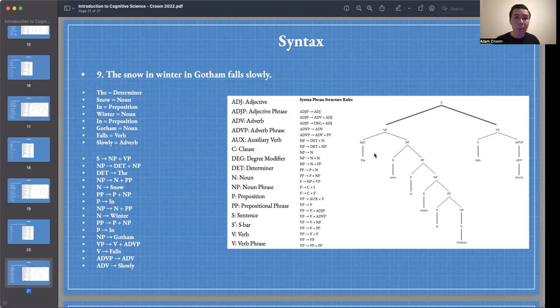So we see that an NP can take a determiner and an NP, right? So we see right here, NP goes to determiner and NP. Remember, now we need that NP here. Before we were considering, do we even need that NP? Why not just connect it straight to an N?